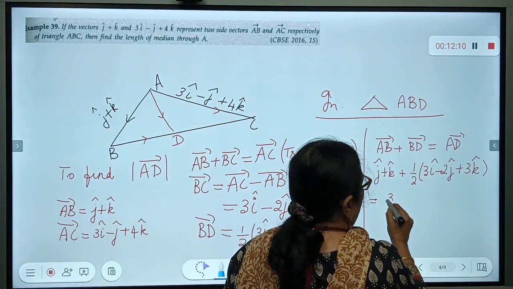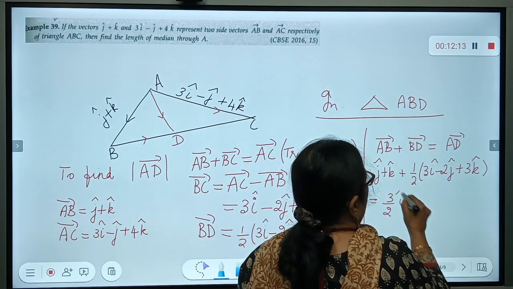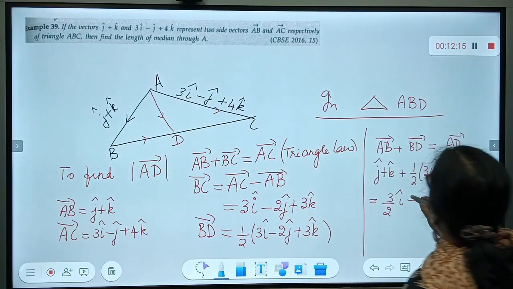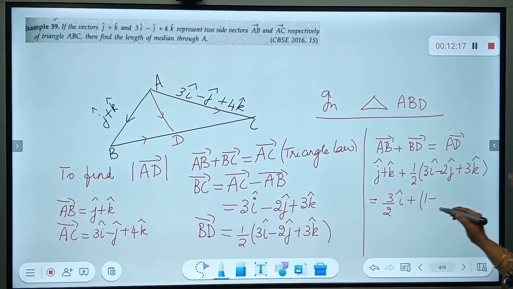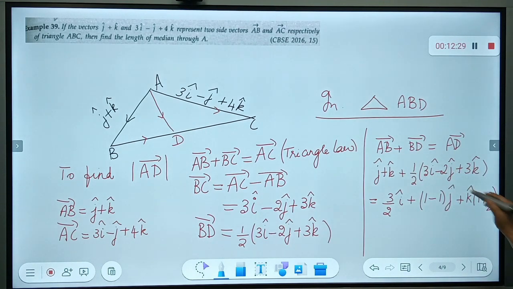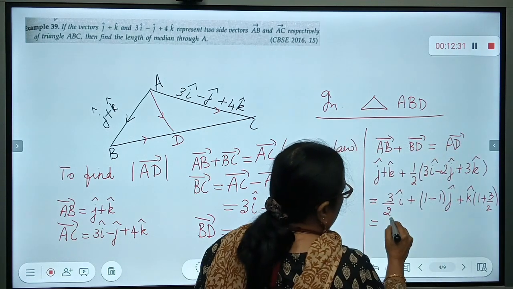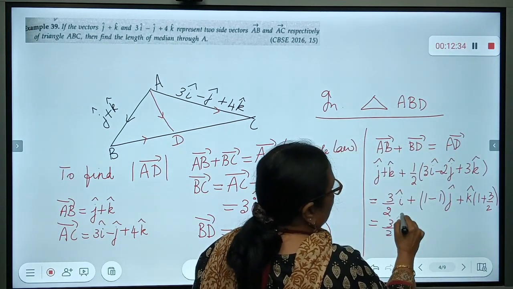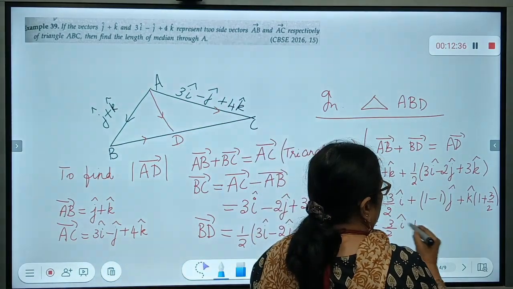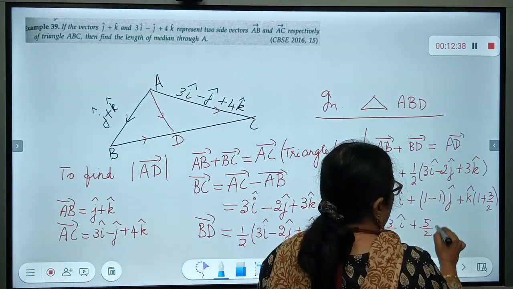3 by 2i, because there is only one i term, plus 1 minus 1 times j, plus k into 1 plus 3 by 2. This gives 3 by 2 i vector plus 5 by 2 k vector.